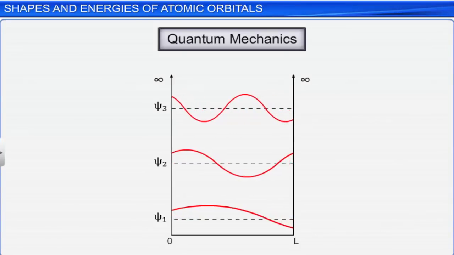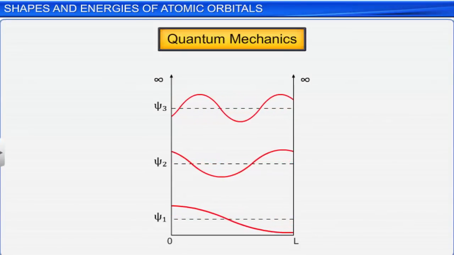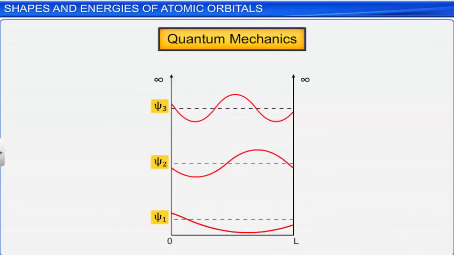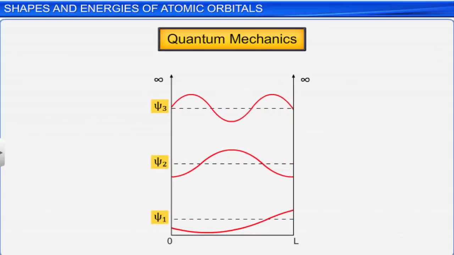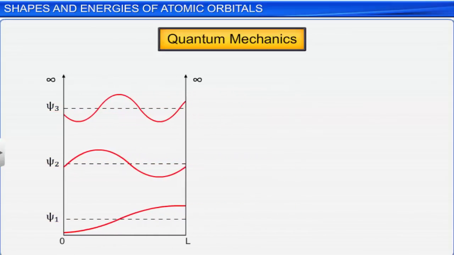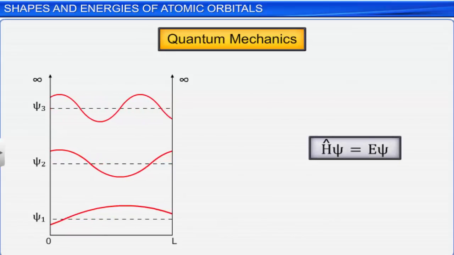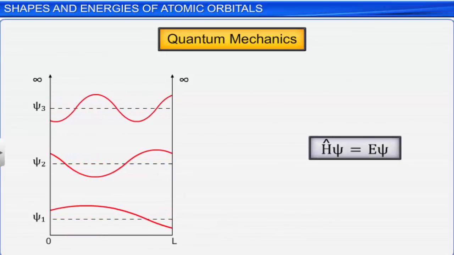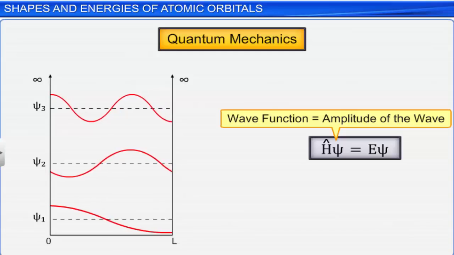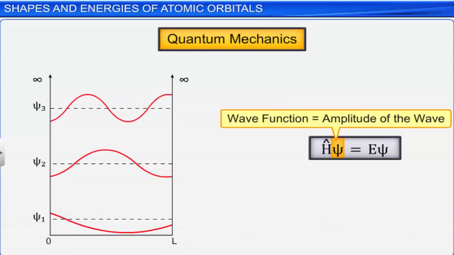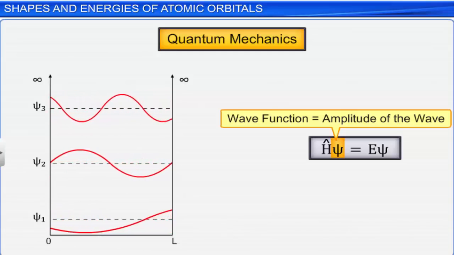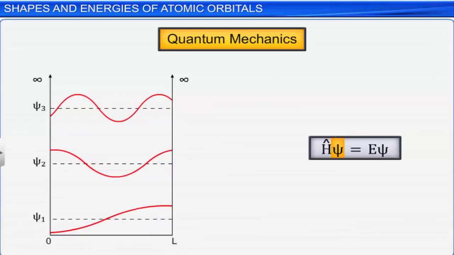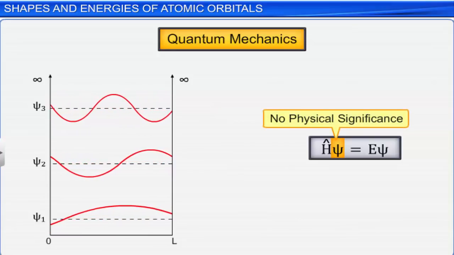We have already learned that in quantum mechanics, all the properties of a system are expressed in terms of a wave function. This is obtained by solving the Schrodinger's equation. The wave function, psi, is a mathematical function that represents the amplitude of the wave. It does not carry any physical significance.